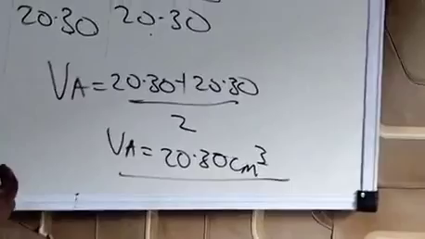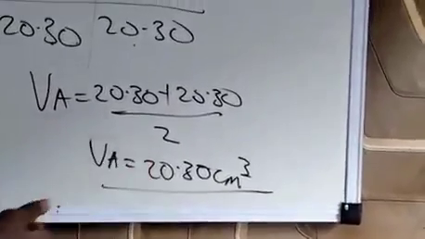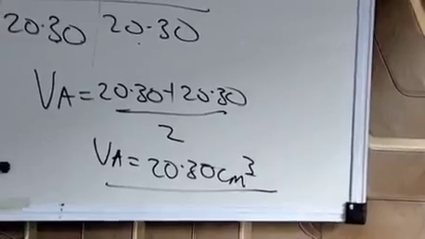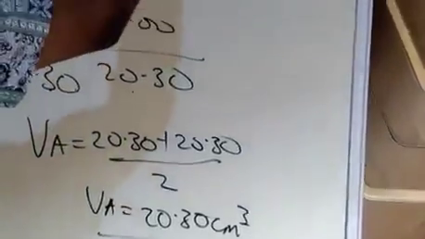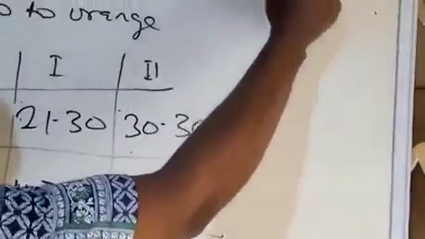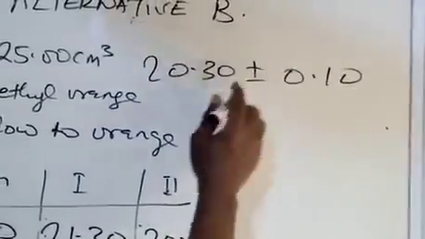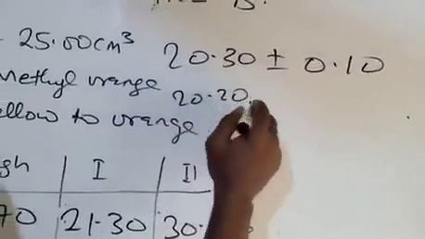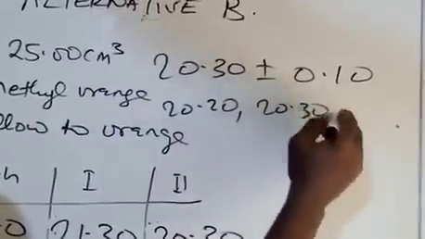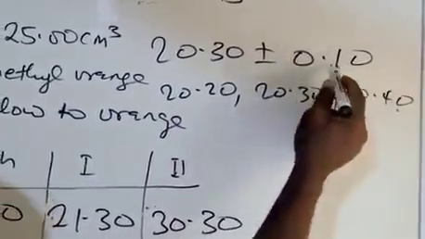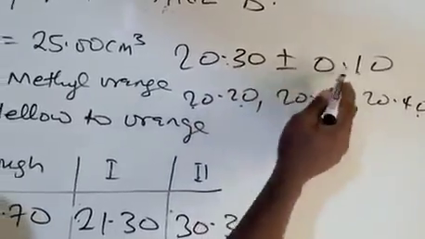So if your endpoint in your own school agrees with our own endpoint, use our endpoint. Agrees by what? By plus or minus 0.10. That is the range. Subtract 0.1, 20.2; add 0.1, 20.4.